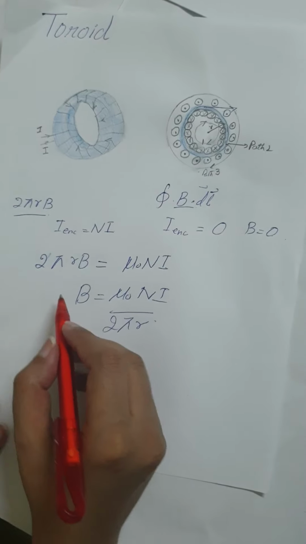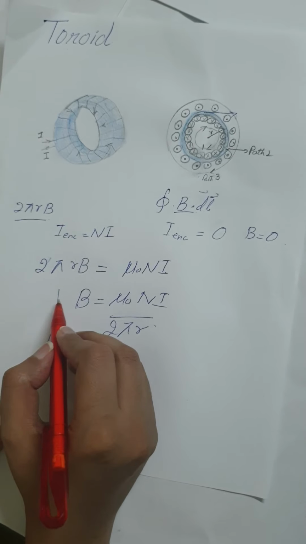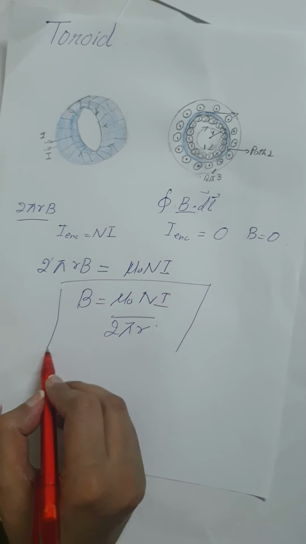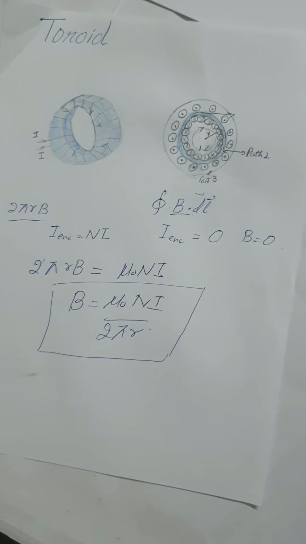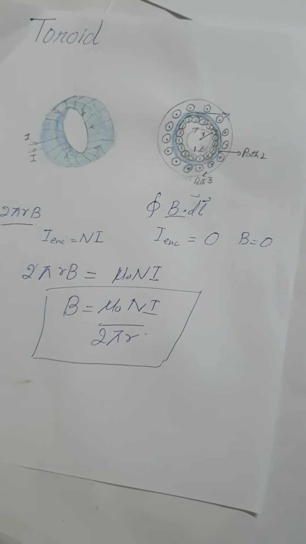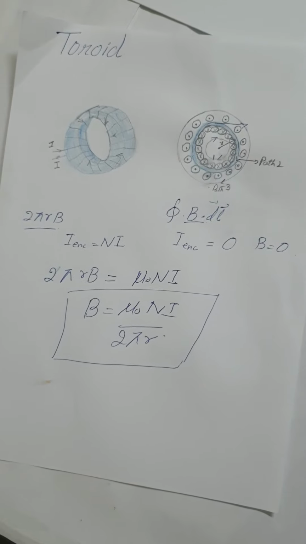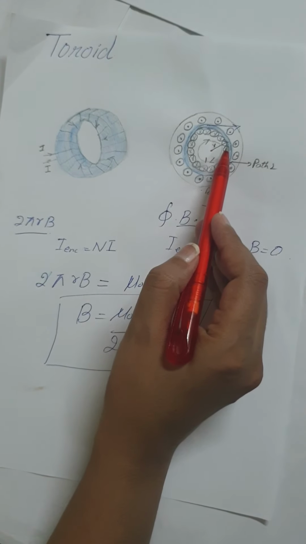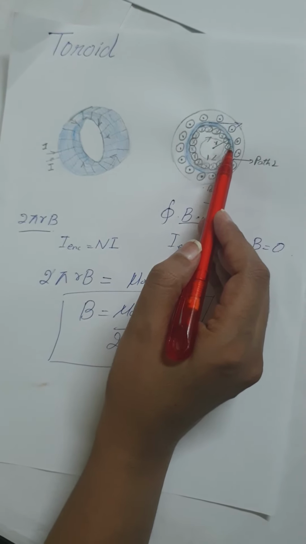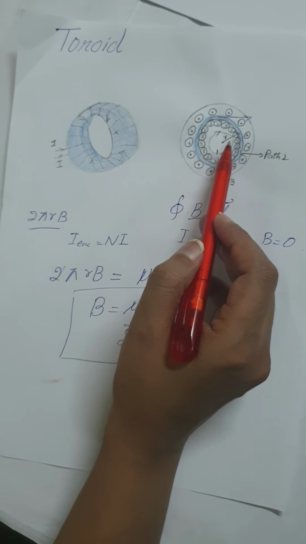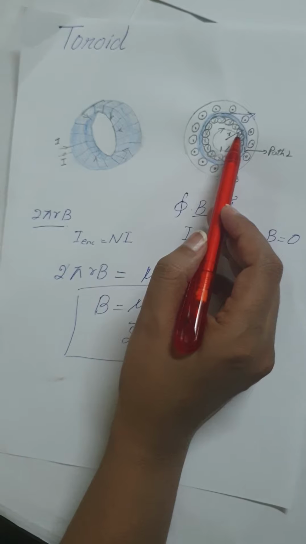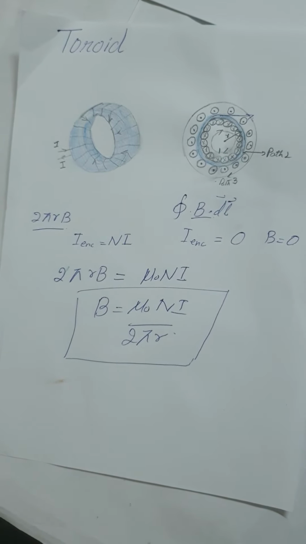This is the toroidal solenoid magnetic field, and the magnetic field is not uniform over a cross section of the core, because the radius r is larger at the outside as compared to the inner side.